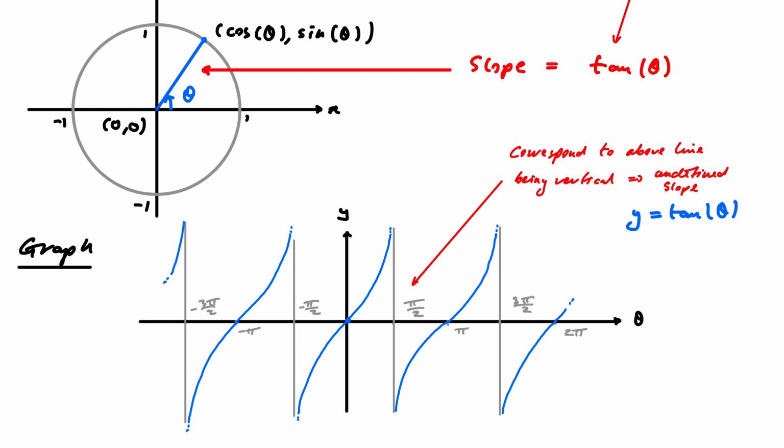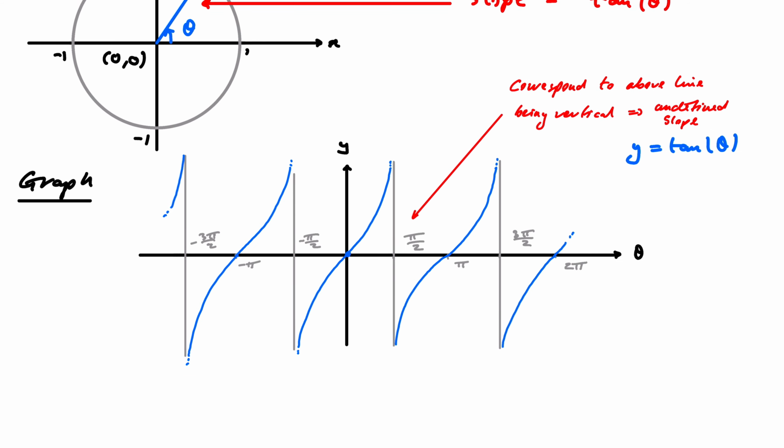When I say the above line, I'm talking about this line here. So at these positions, basically, you have a vertical line that has an undefined slope. That's exactly what you're seeing with these strange kind of vertical lines, if you want.